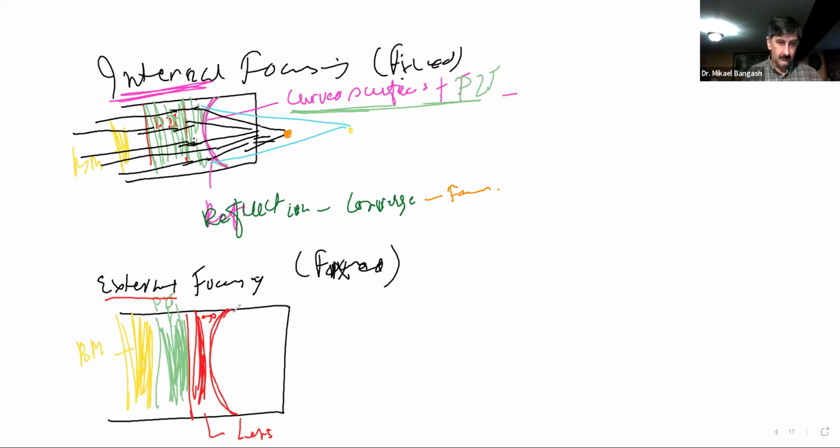Let's just do it this way. This lens here, what does that have? That has a curvature, or it has a curved surface. Clear? Of the lens.